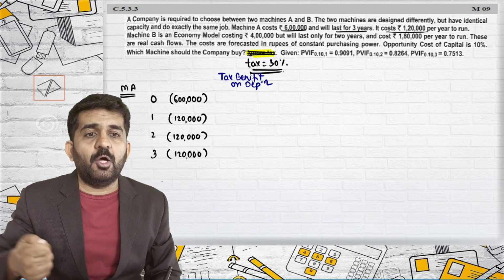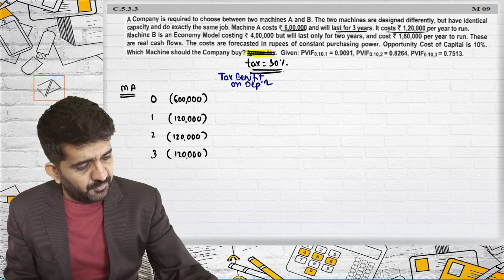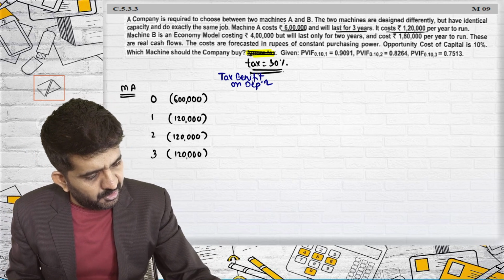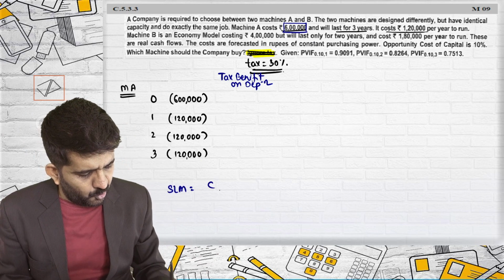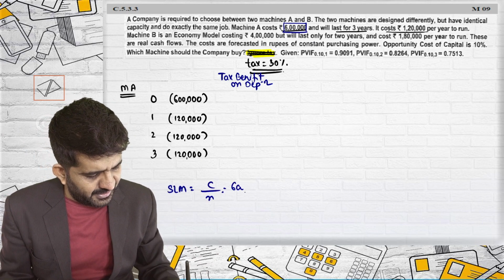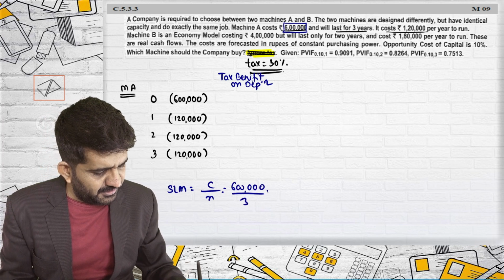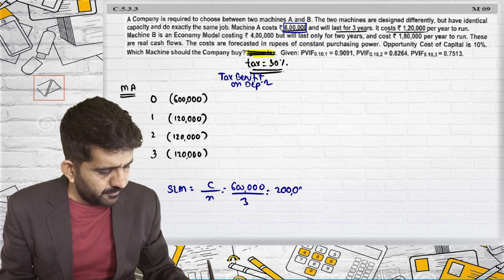Now, how to find out the tax benefit on depreciation? First, what will be depreciation for all 3 years? 2 lakhs rupees. Straight line method, cost upon n, 6 lakh divided by 3 is 2 lakhs rupees.